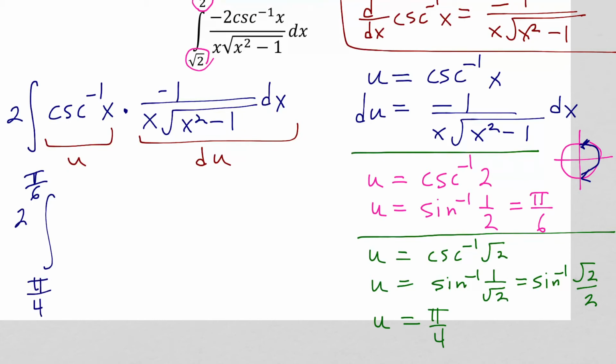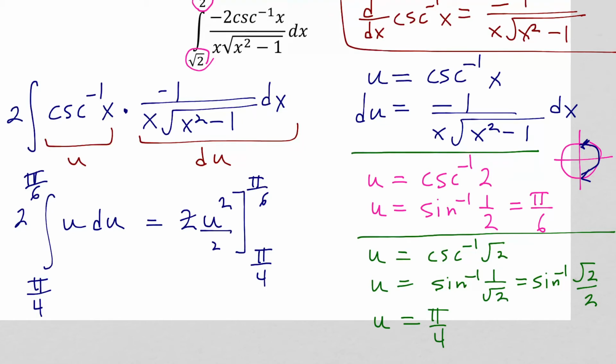All right, so now I'm ready to go. So I've got u, and then I've got du. And I'm all in terms of u, so I can integrate fully in terms of u. So that's equal to 2, raise it up to 2, divide by 2, evaluated between pi over 4 and pi over 6.